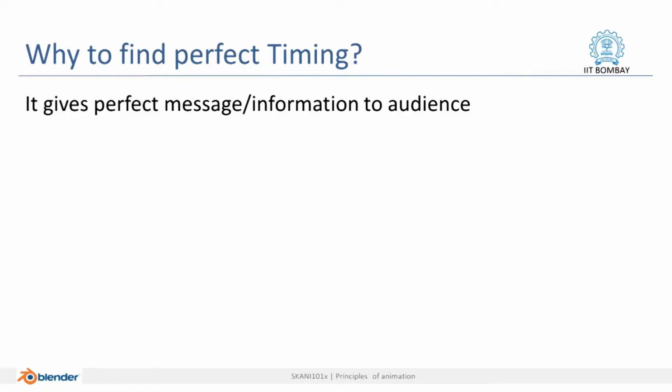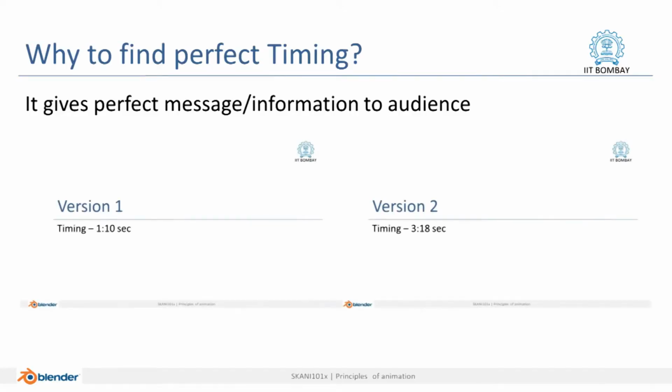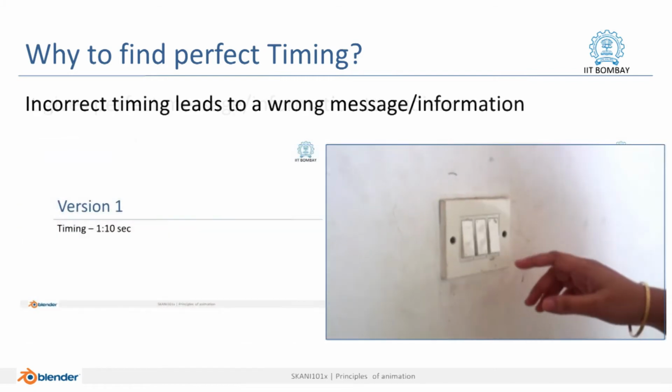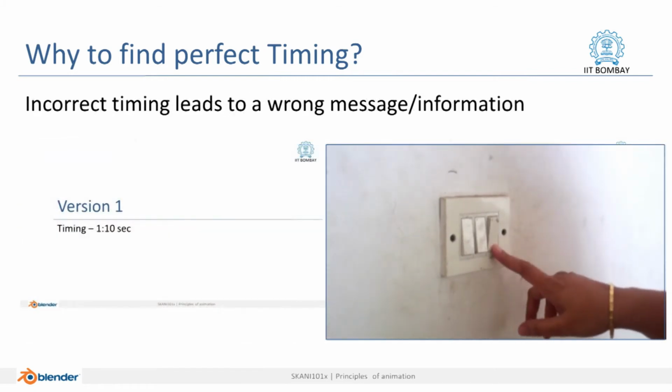In this example, we should understand that the frame rate is the same, but the difference is that one is the normal action and the other is in a different way. In the second option, when we increase the timing unnecessarily, you get other information from that action.